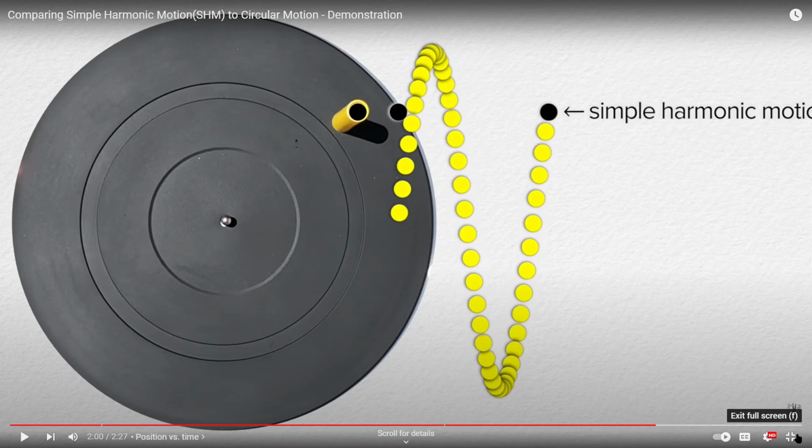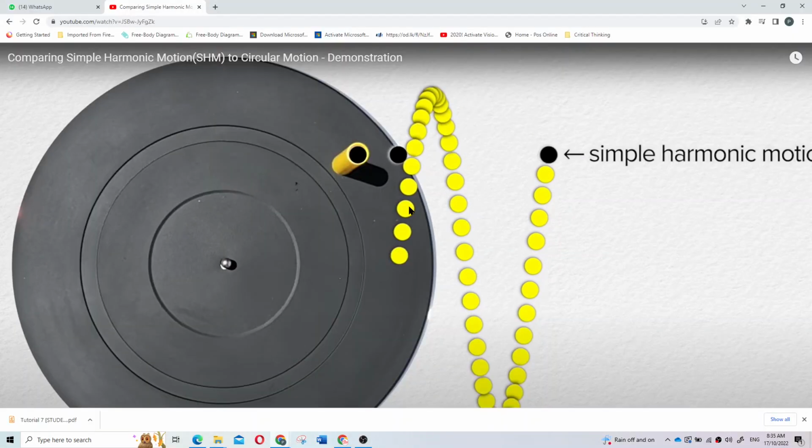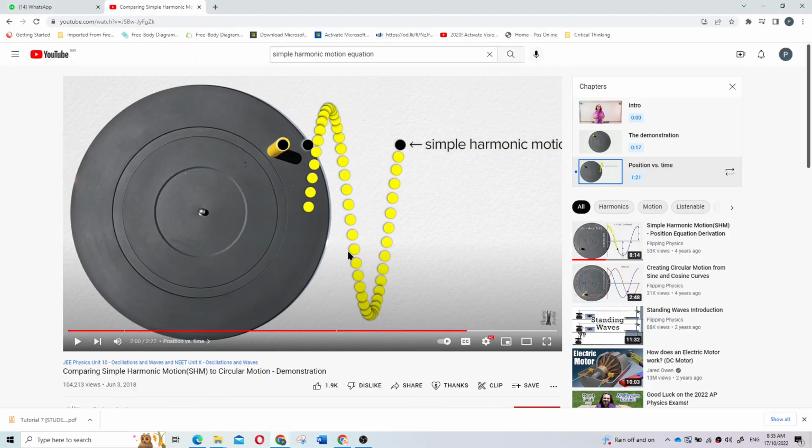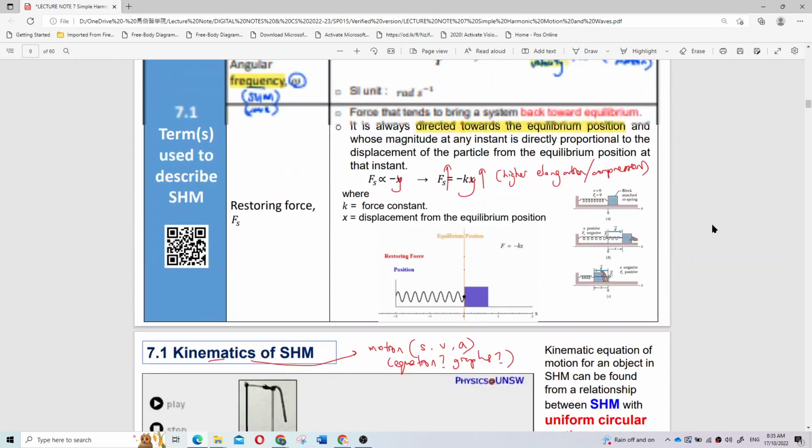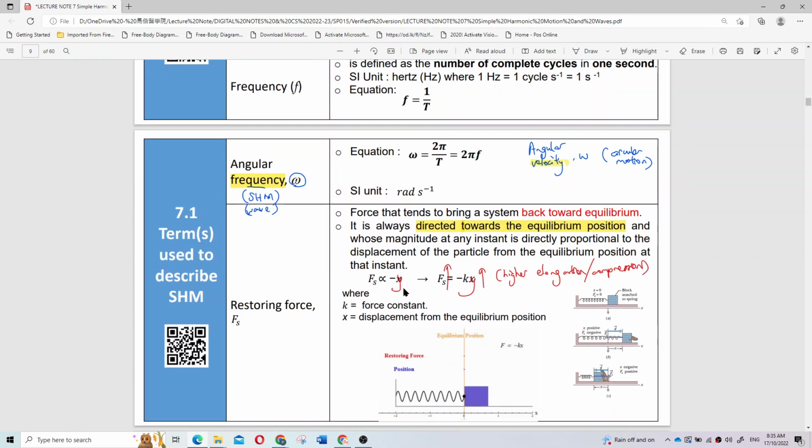So now let's look back to the notes. We have seen enough of the simulation. So that's why we use symbol y to represent the displacement.